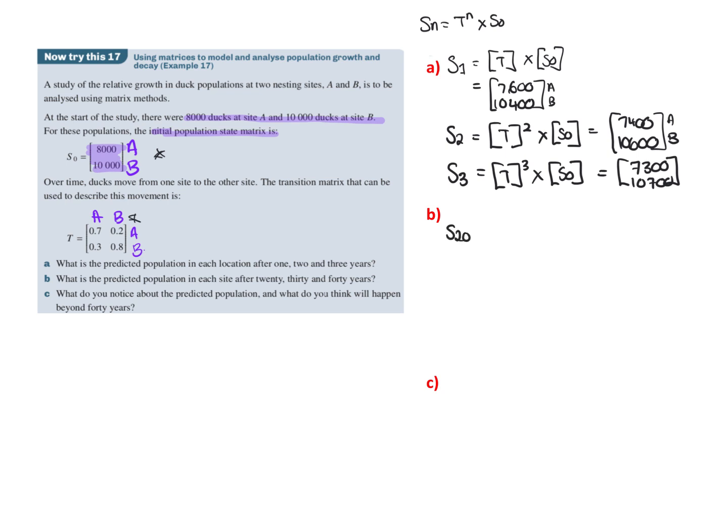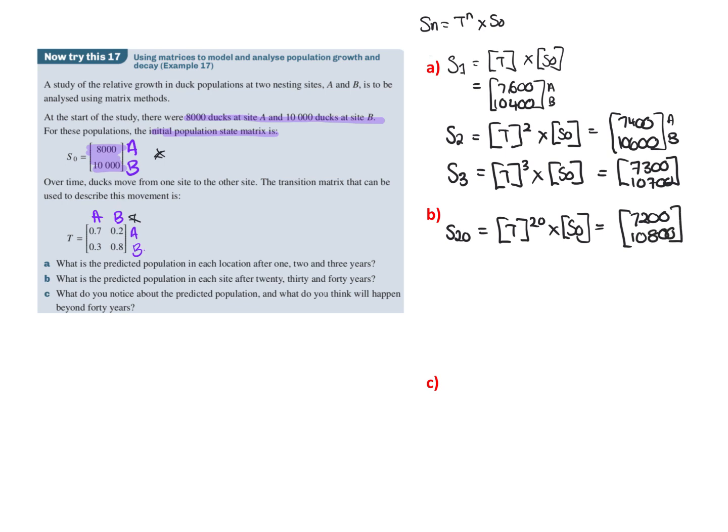So S20, I can keep doing the same, but this time T to the power of 20 times S0, and I end up with, for this one, 7,200 and 10,800.